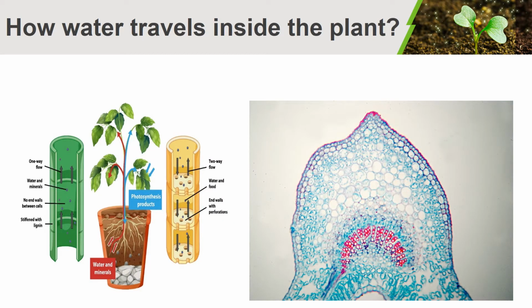How does water travel inside the plant? The stem has many tiny hollow tubes. Through them, water travels to the other parts of the plant. We can't see the hollow tubes with our naked eyes.